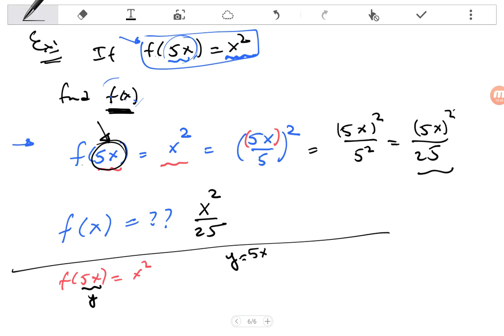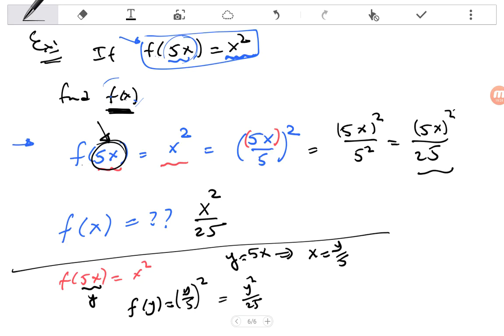If y is equal to 5x, then I need to express that output in terms of the input, which is y now. From this relation, x in terms of y will be y over 5. So that will be y over 5 all squared, and that will be y squared over 25.